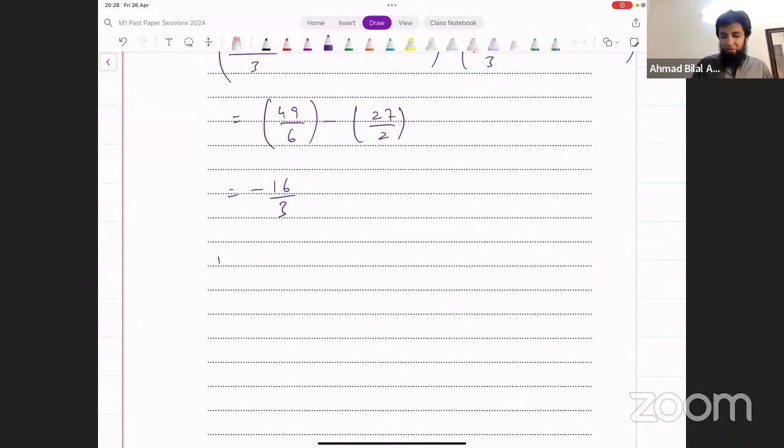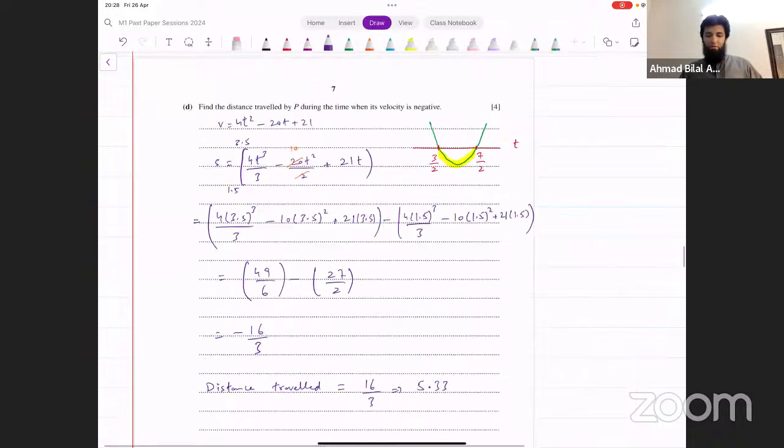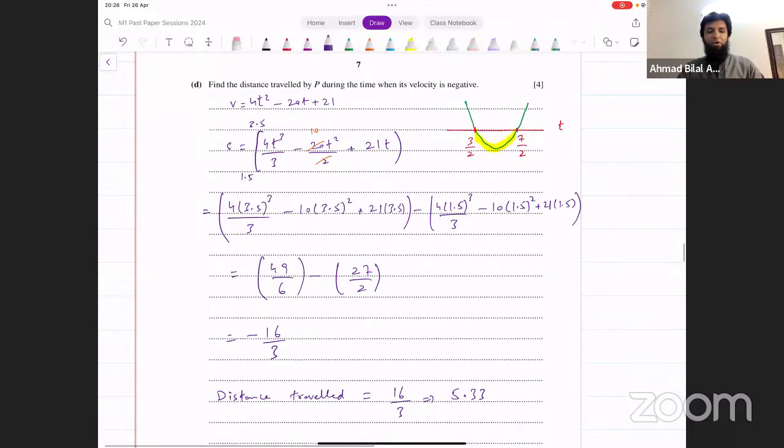When we write distance traveled, we have to make it positive because distance cannot be negative. Distance traveled in this part of the journey is 16/3, or you can say that's 5.33333. That's the distance traveled from time equals 3/2 to time equals 7/2 while the velocity was negative.